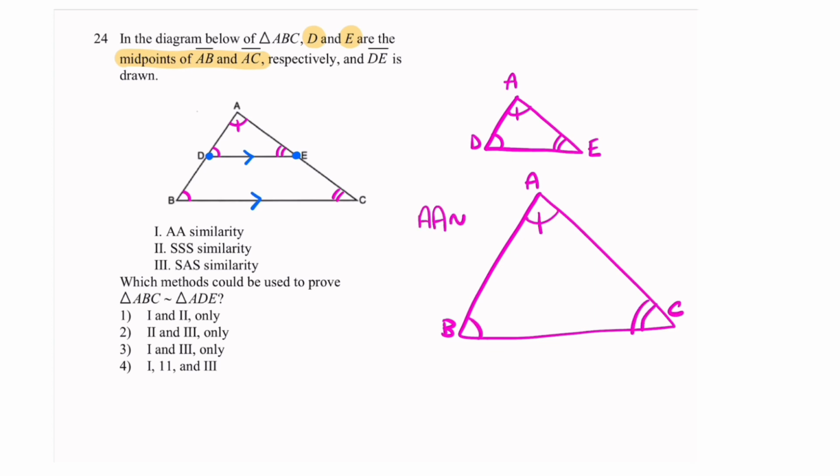Well, certainly these two triangles are similar by angle. But also, we can look at the fact that there's the side splitter theorem at work here and argue that the sides will be proportional to each other.